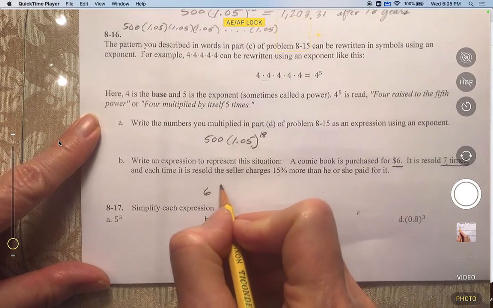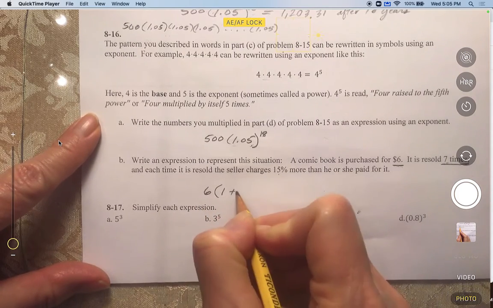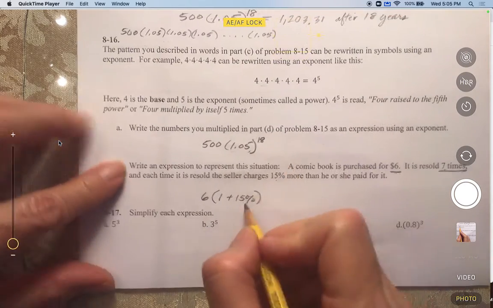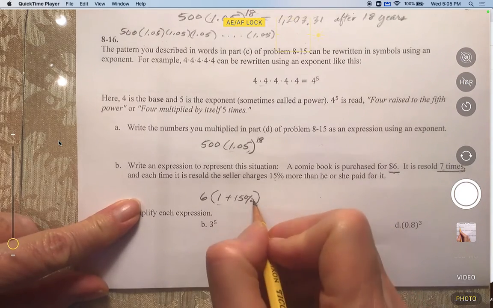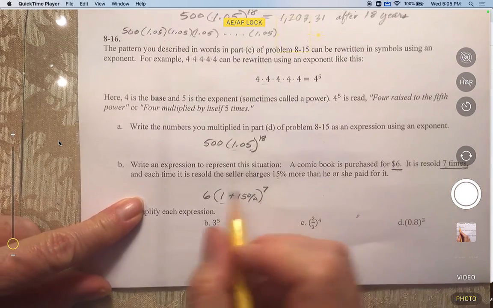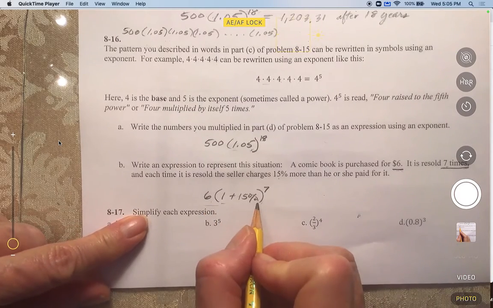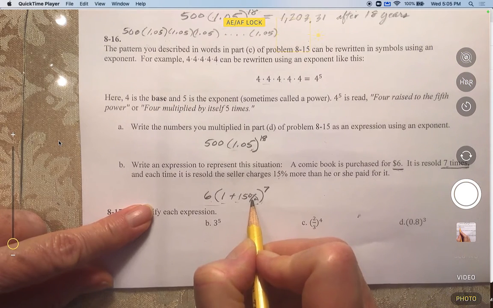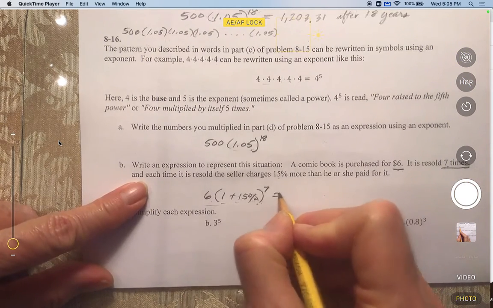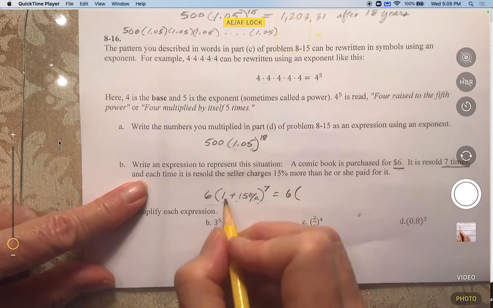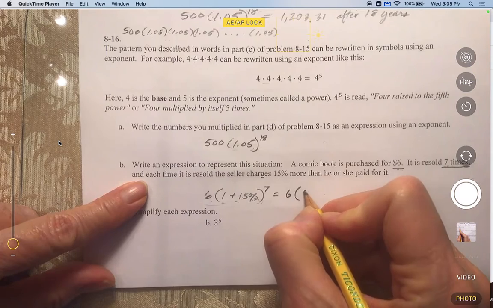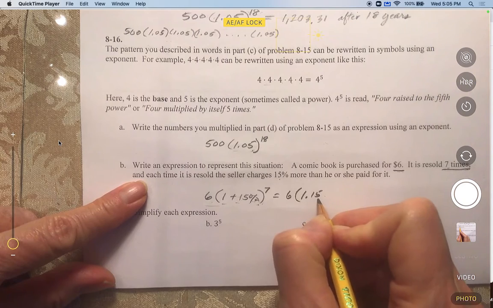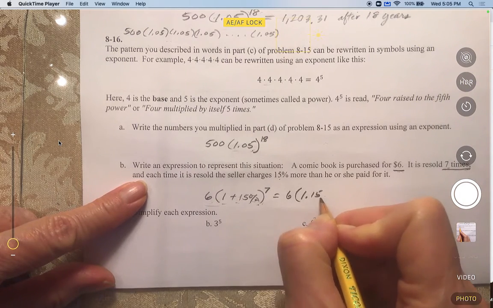So if we take 1 plus that 15%, and we do this multiple times, 7 times, then we should get the number we're looking for. But we can't just use a straight percentage. We have to convert this to a decimal. So I'm going to rewrite this as 6 times, and I'm also going to add the 1 to it. 1.15, so that's 1 plus 15%, which is 0.15.